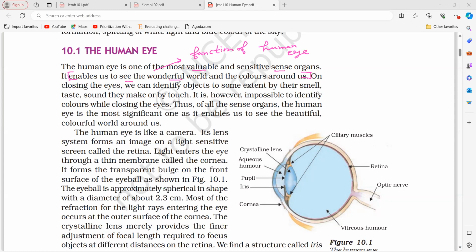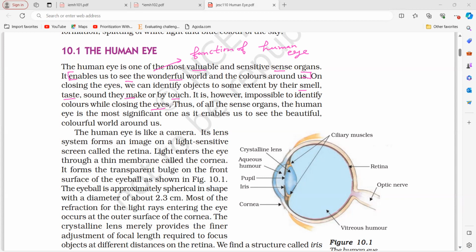On closing the eyes, we can identify objects to some extent by their smell, taste, the sound they make, or by touch. These are other methods by which we can try to identify objects. It is, however, impossible to identify colors while closing the eyes.